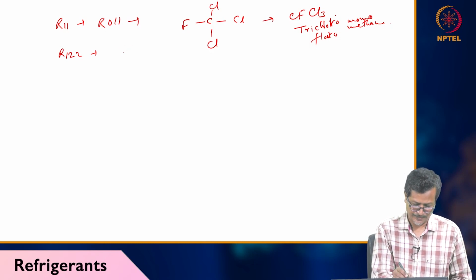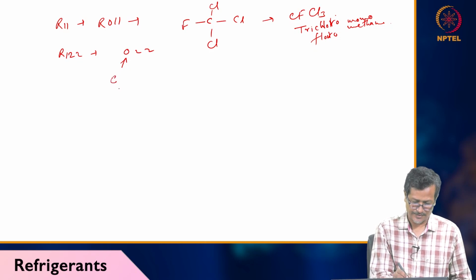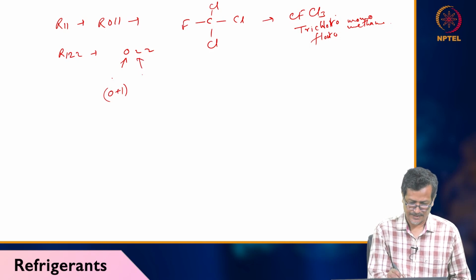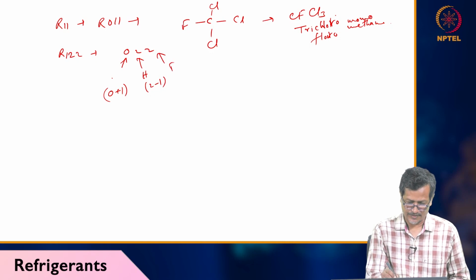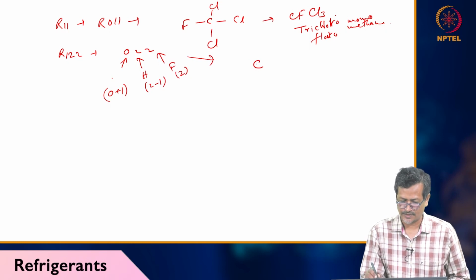Now R12, R22 if you want to write. R22 means 0 2 2. So 0 means carbon: in the previous slide you can remember, C will be 0 plus 1, then 22 means H is 2 minus 1, and F as it is, 2. So C is 0 plus 1 equals 1, H is 2 minus 1 equals 1, fluorine 2, then the remaining is chlorine.